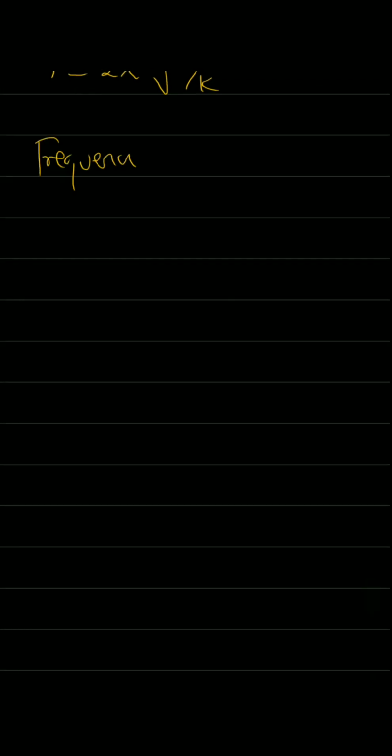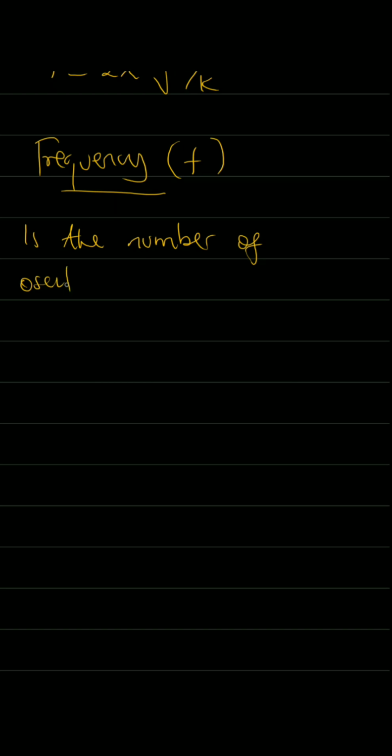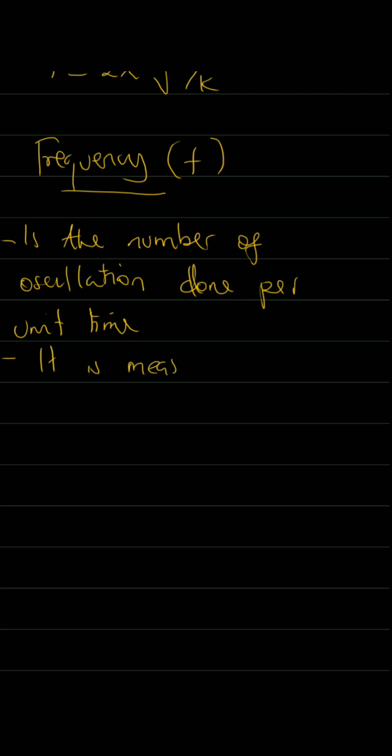So we look at frequency now. So what is frequency? Frequency in most cases is given by the symbol small letter f, and this simply talks about the number of oscillations completed in a unit time, like how many circles an object has completed in a unit time or in a period of time.